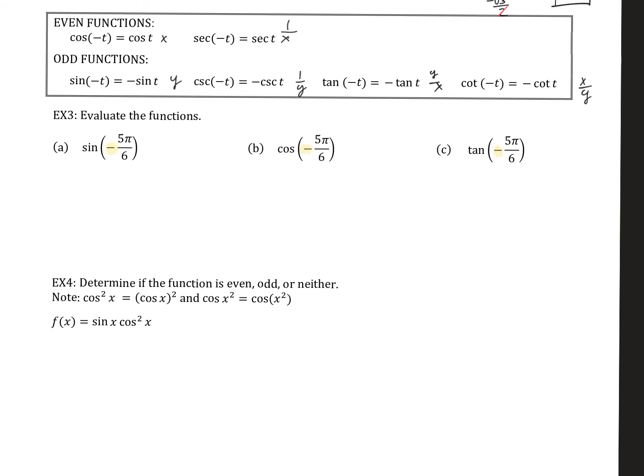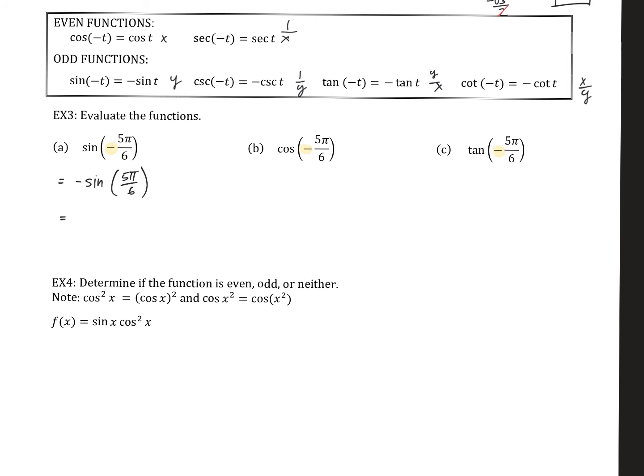And as usual, whenever we see the negatives, we just take a pause and think about what we're doing. So sine. We have that negative. What do our directions say? Well, since sine is an odd function, when we simplify, it's going to be the negative of sine, or the opposite of sine. So this is just going to be the opposite of sine of 5 pi over 6.